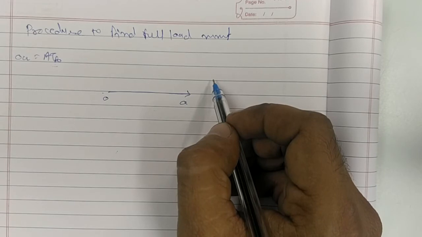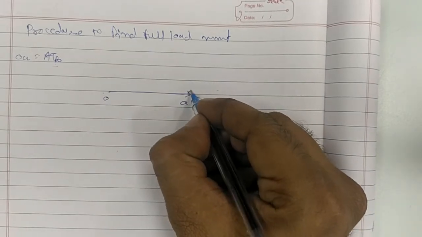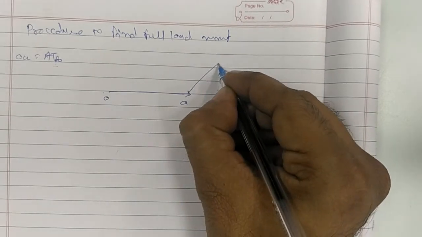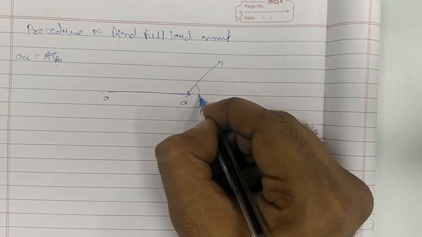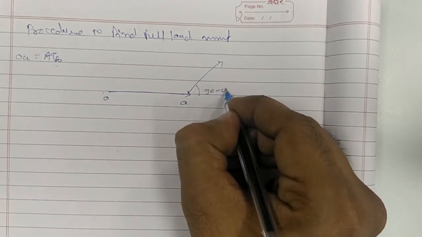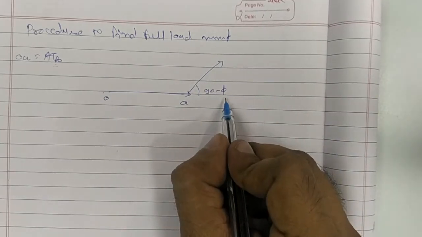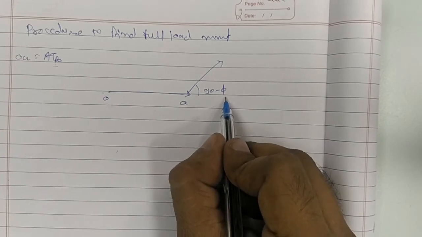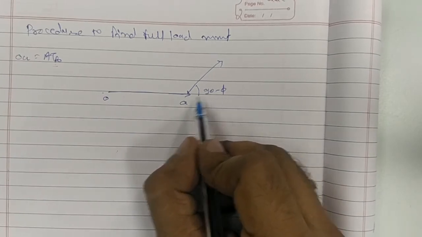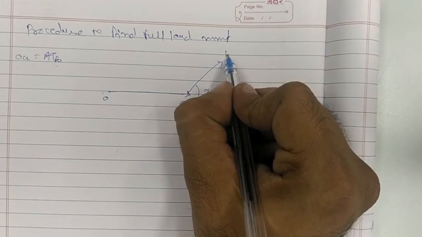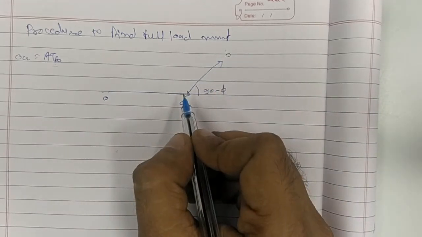Convert it into centimeter and draw it like this, with this angle as 90 minus phi. You need to know the value of the power factor. After having the power factor, you can calculate 90 minus phi, and at that angle you have to draw B.